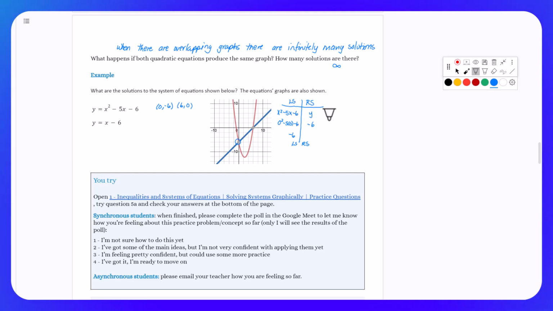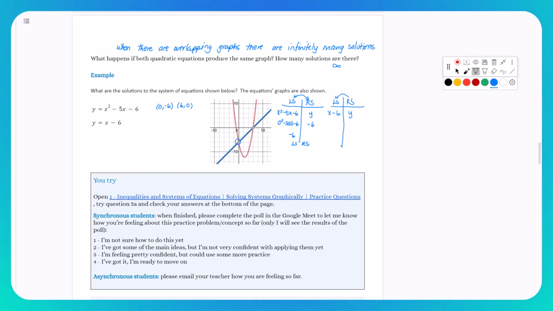Now, it's not enough just to check one of the points with one of the equations. We have to check each point with each equation. So this one, we're going to try with the linear one. We're going to still use our 0 and -6, but we have to check it with x minus 6 equals y. I notice I switched the left-hand side and the right-hand side, so pretend we switch these up here.